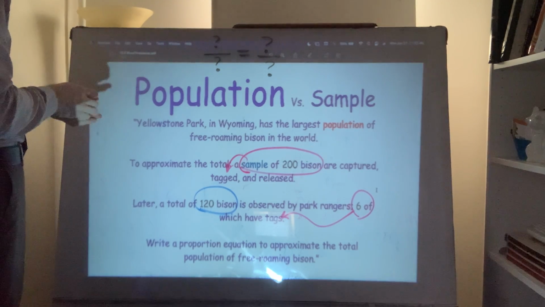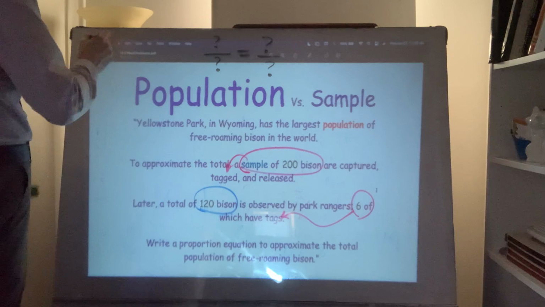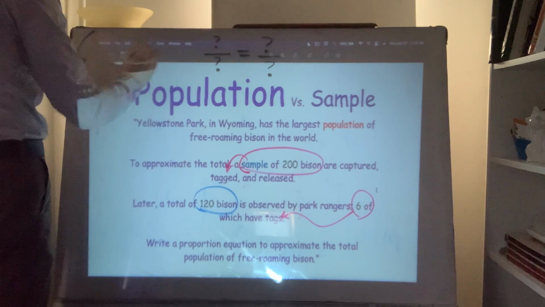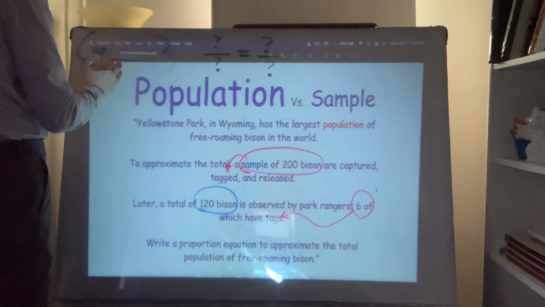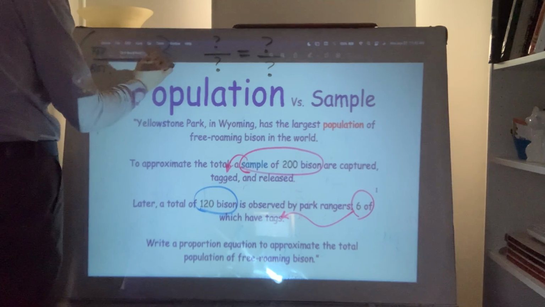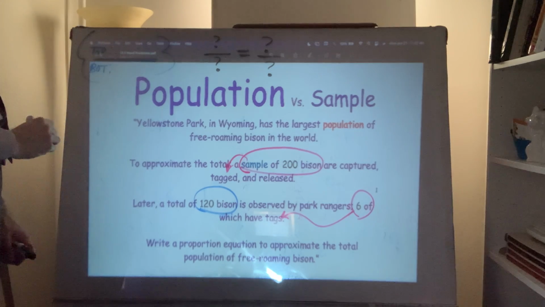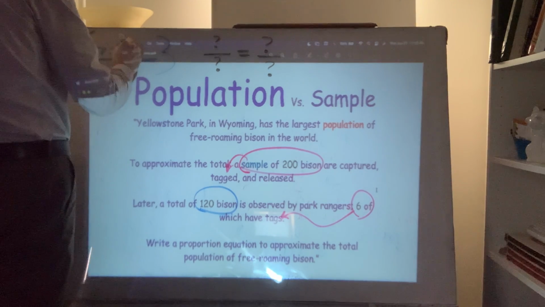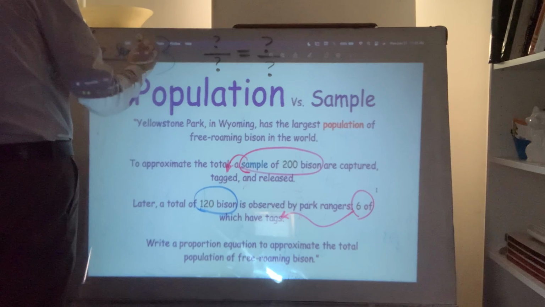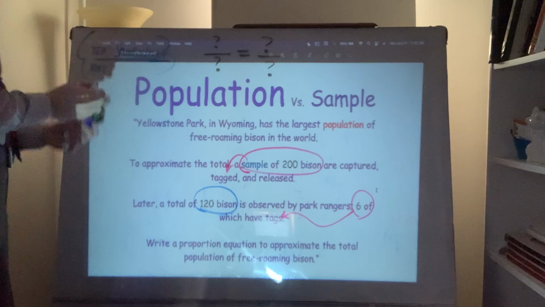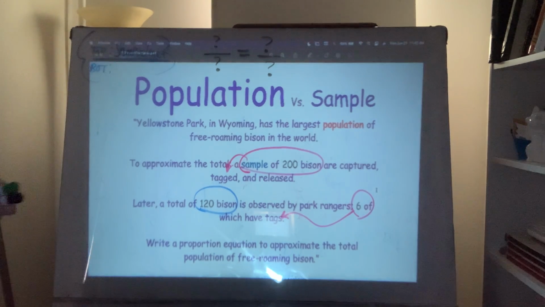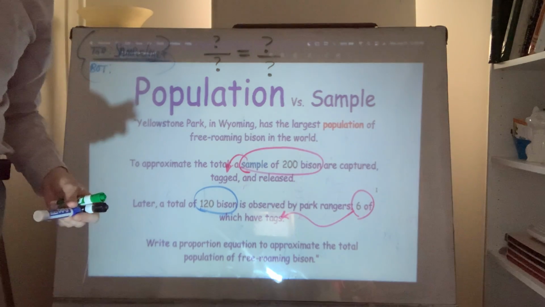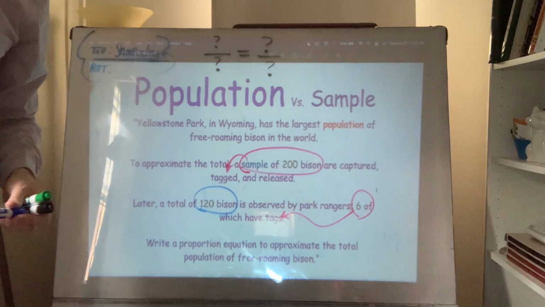Let's think of it this way. We'll call this the top and the bottom here to start with. In the context of this problem, the top will be a sample, otherwise known as a part. Is that a little bit easy to see? I think maybe.